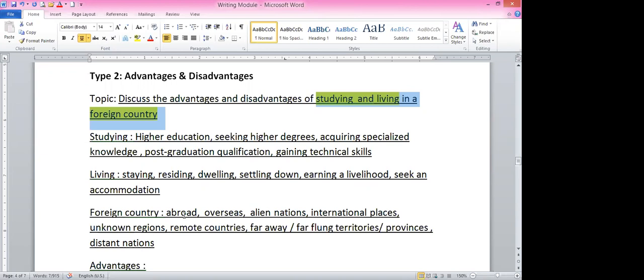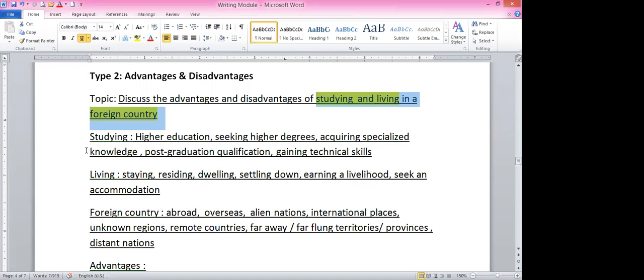I didn't get you, ma'am. See, this is the theme of the topic, studying and living in a foreign country. This theme you have to paraphrase. So how to do the paraphrasing? By finding the alternatives that we have already done, using them, we paraphrase the given topic, keeping the meaning the same and linking it with our template sentence, which is relatively a new concept.